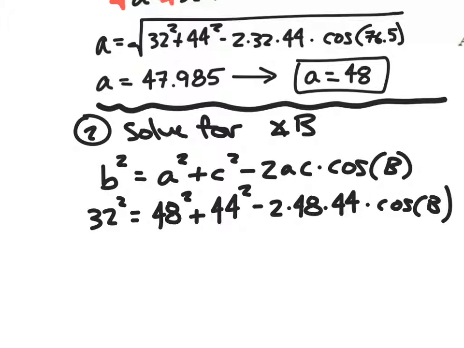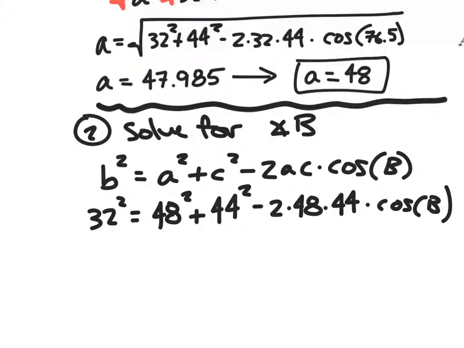Now this one, let's go ahead and simplify this, because we are solving for angle B, and it'll make it a little bit easier for us to plug this into the calculator.